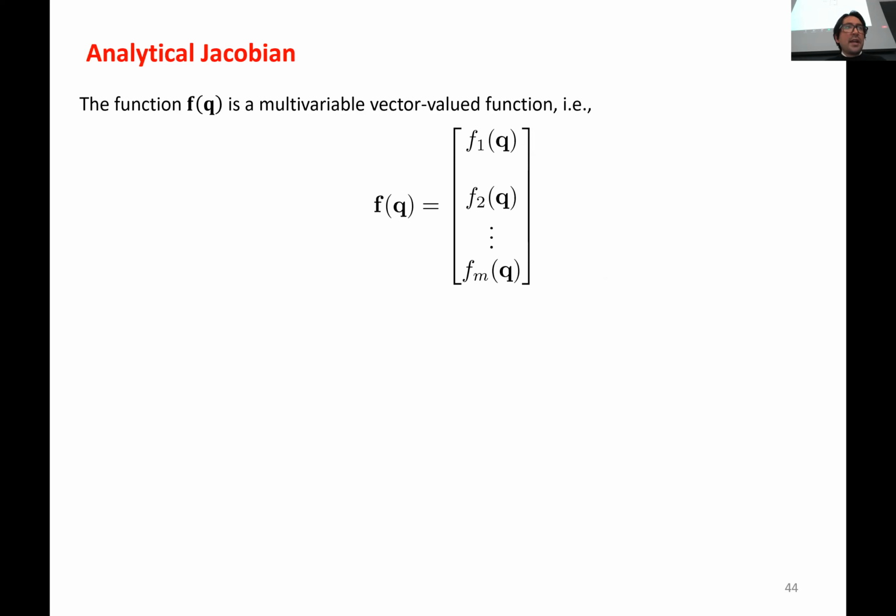So let's see how we can get the analytical Jacobian. Remember that the function that describes the direct kinematics is a multivariable vector-valued function. So f of q is actually a vector that depends on multiple variables. q can be arranged as a vector, q1, q2, up to qn, which are the joint space variables.